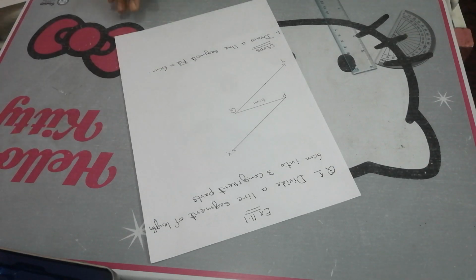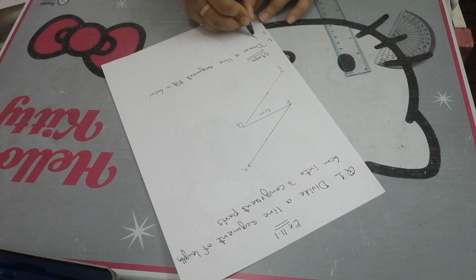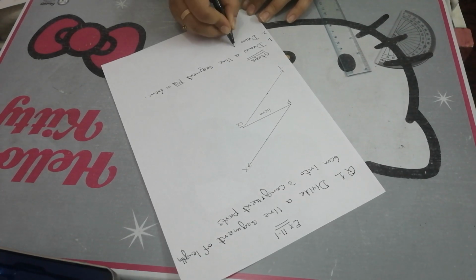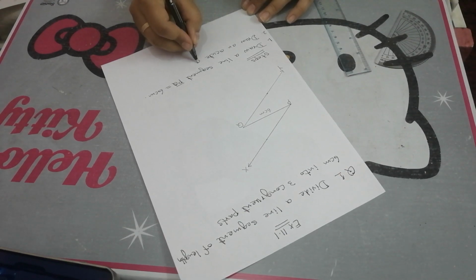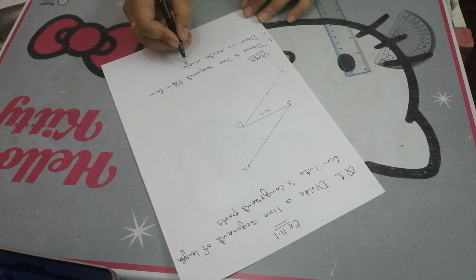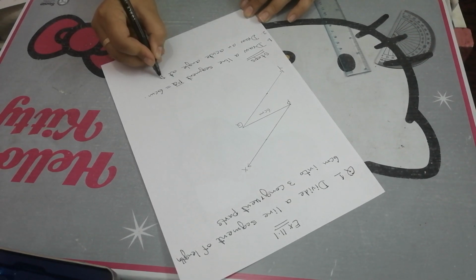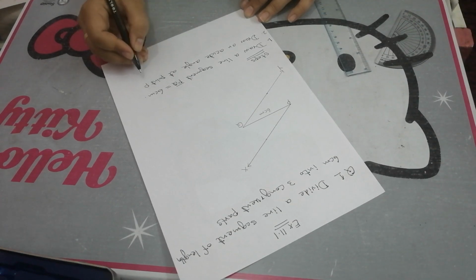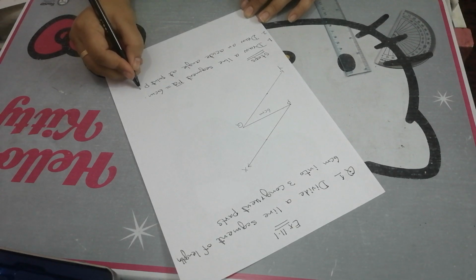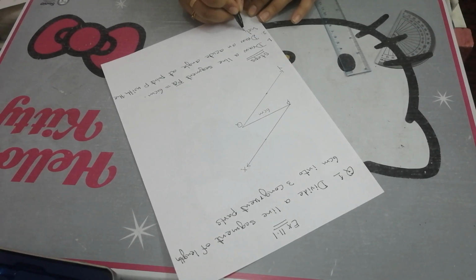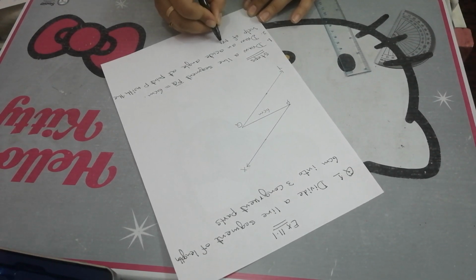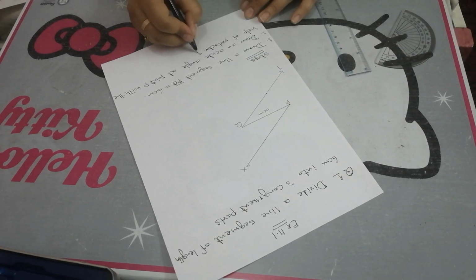For the second step, you have to write: draw an acute angle at point P with the help of a protractor.